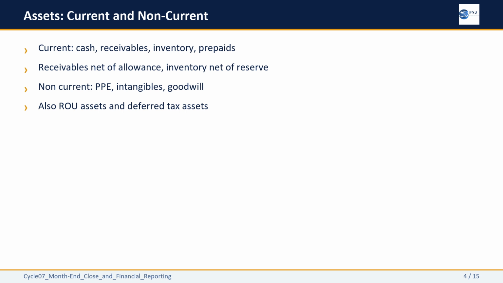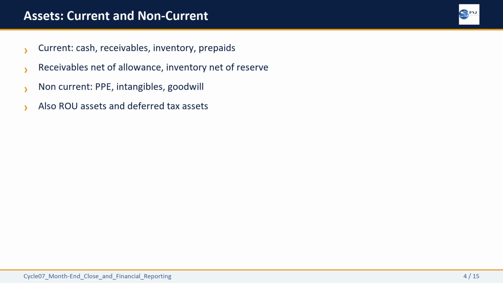Your non-current assets include property, plant, and equipment, which we call PPE, shown net of accumulated depreciation, right-of-use assets, which we call ROU assets, intangibles net of amortization, goodwill, equity method investments, and deferred tax assets. Classifying each line correctly is what keeps the statement honest.